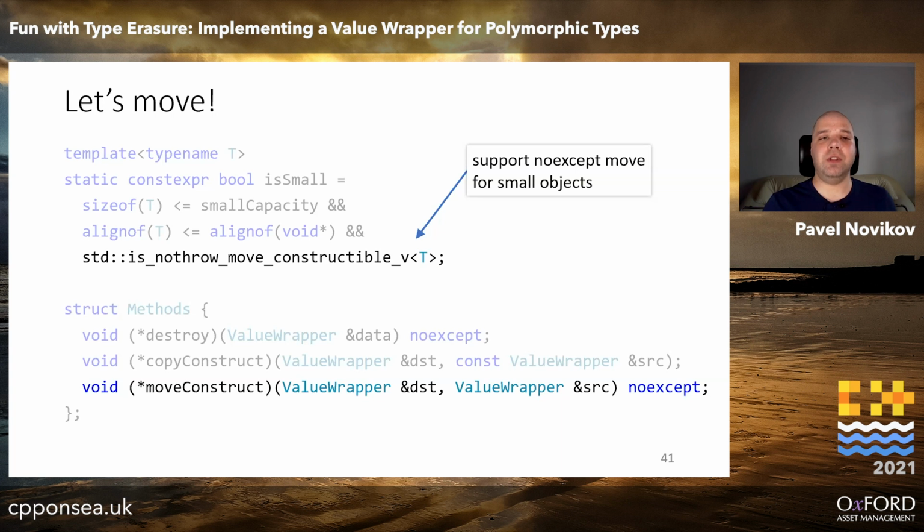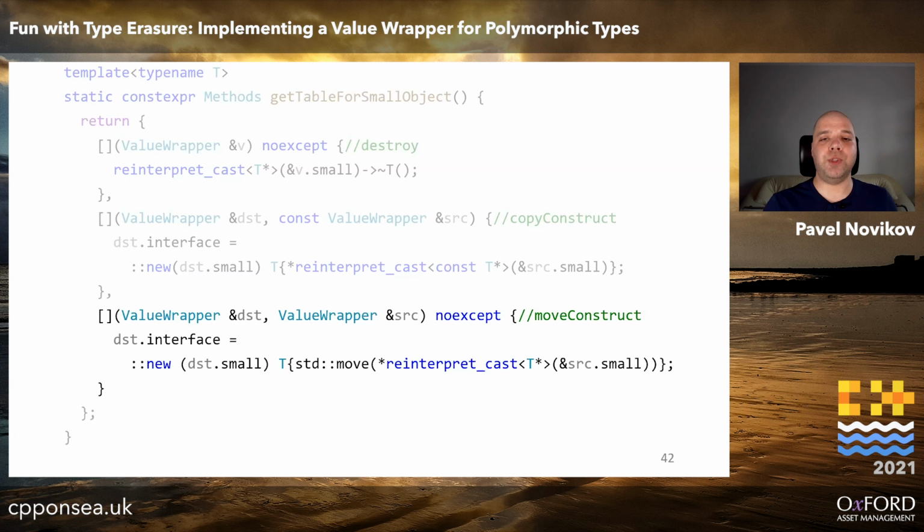For that reason, if the type doesn't provide noexcept move construction, even though it can be accommodated in the small buffer, we consider such a type as a big type and store it in the pointer to big types. And also we have to have a pointer to move construct function in our table of methods.